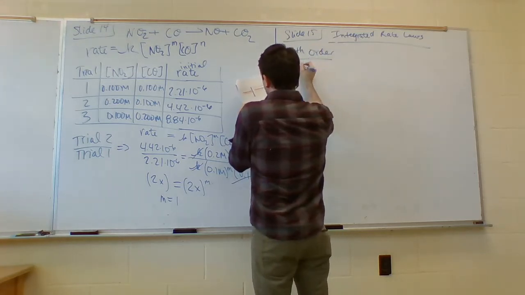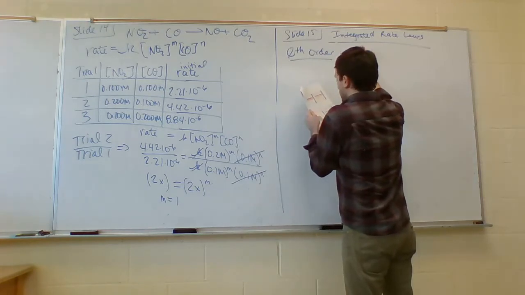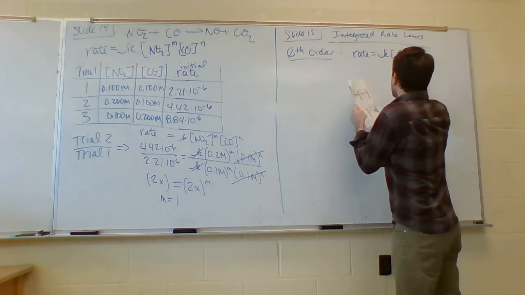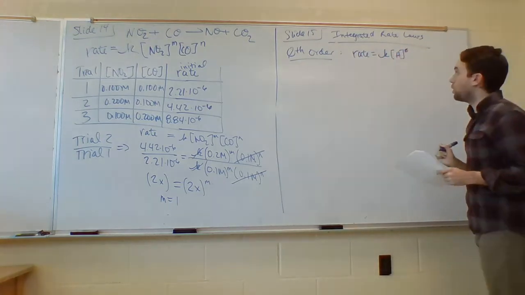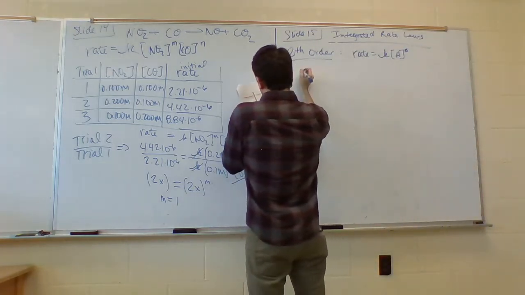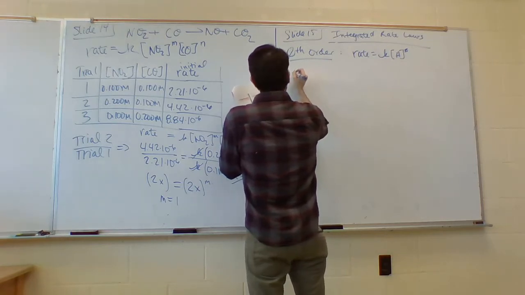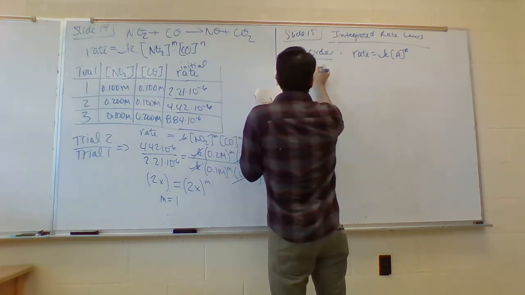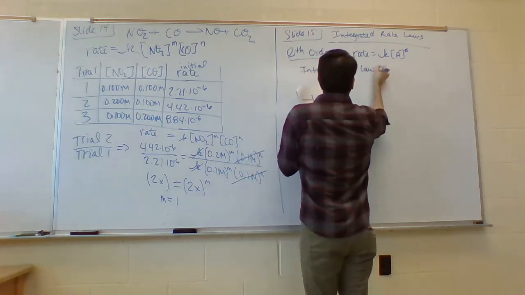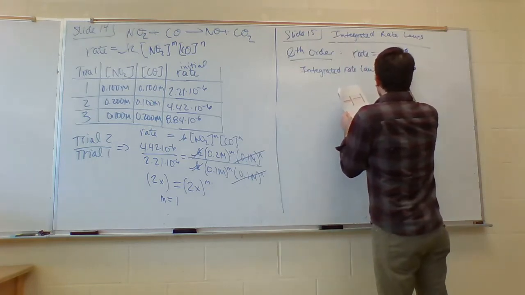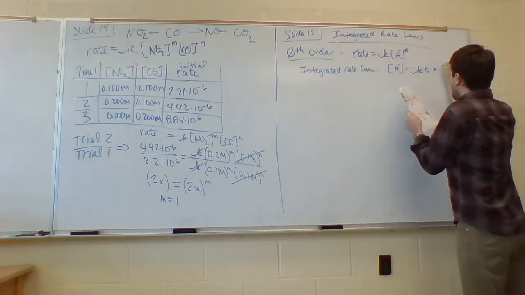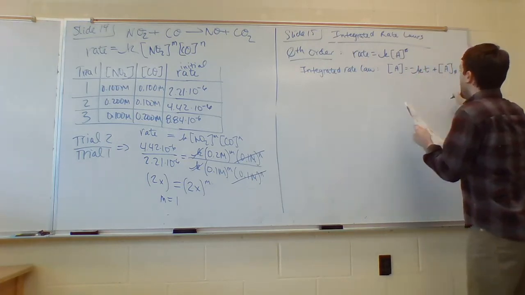So let's say that we have the integrated rate law for 0th order. If you have 0th order, we had a differential rate law where the rate was equal to k times my concentration of species raised to the 0 power. What that means is that we will have an integrated rate law of the concentration of A equal to negative kt plus my concentration of A at the beginning.